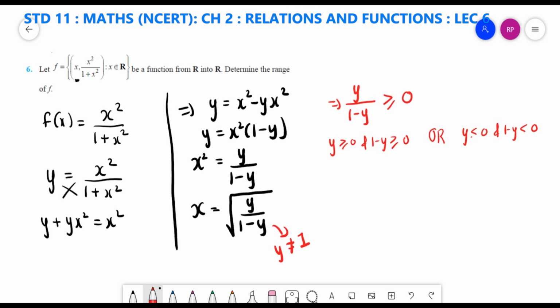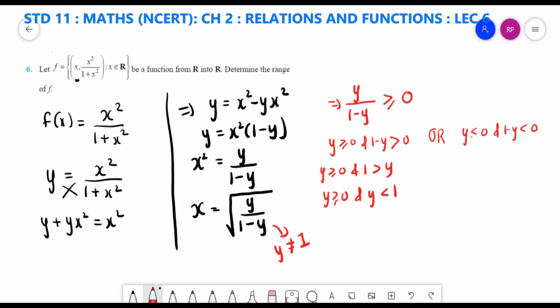Clear? Okay. So now see here, one minute. I will not take greater than or equal to 0 here. I can only take greater than 0 because it cannot be equal to 0. So this means y is greater than or equal to 0 and 1 is greater than y. I can also write it this way: y is greater than or equal to 0 and y is less than 1. So what does this mean?